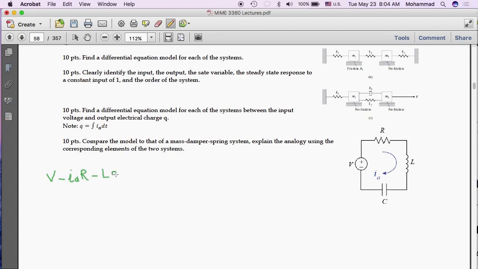So it's L dI_A over dt. And the last one is minus 1 over C integral of I_A dt. And because you're adding the voltages around a closed circuit, that's equal to 0.